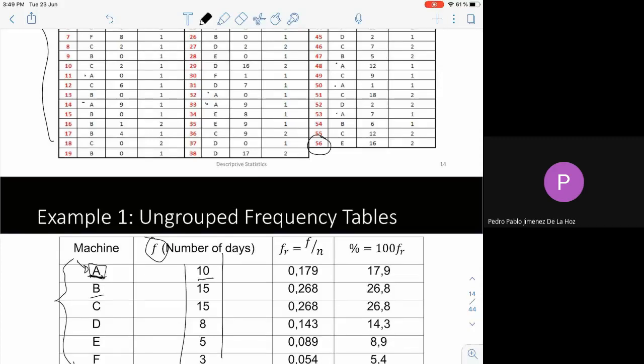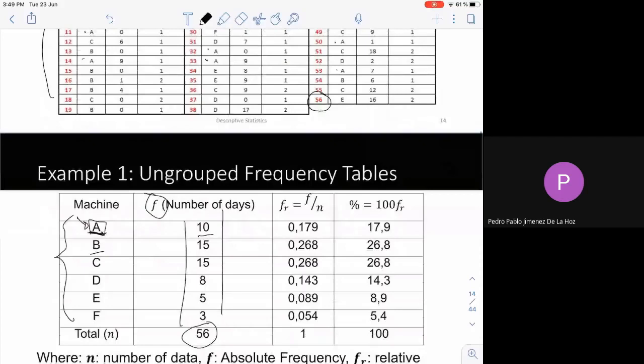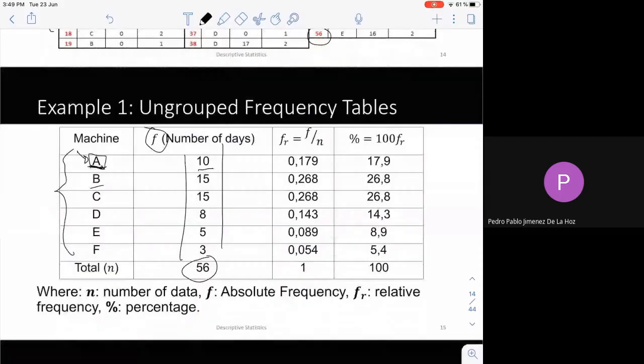In addition to the absolute frequency, we can find what is called the relative frequency. The relative frequency is the same value but expressed in a different format, using a percentage. For the relative frequency, we take the absolute frequency and divide it by the total number of observations, that's our n.